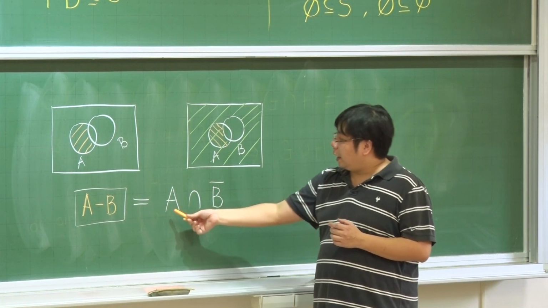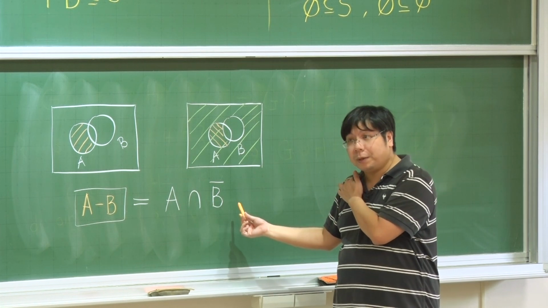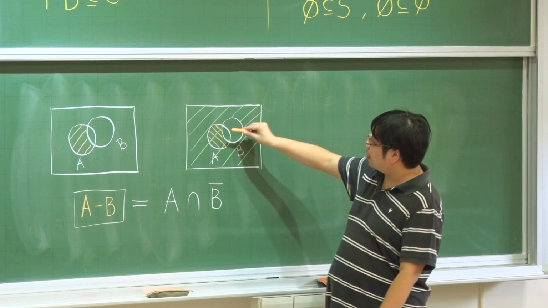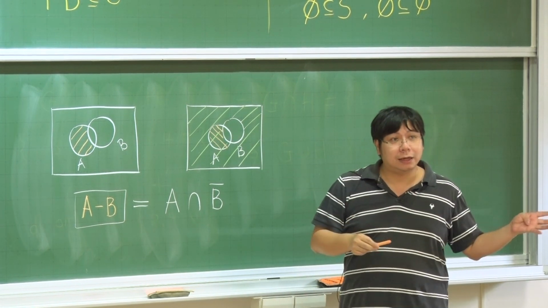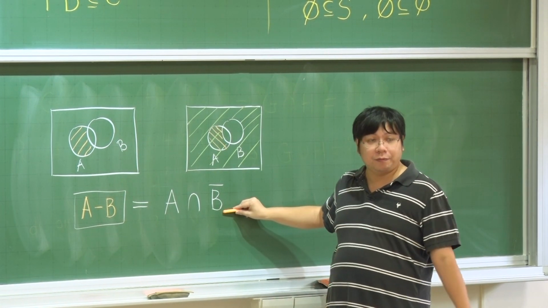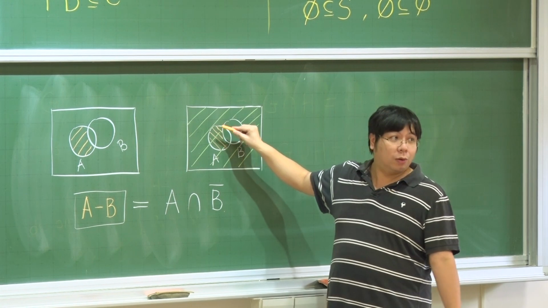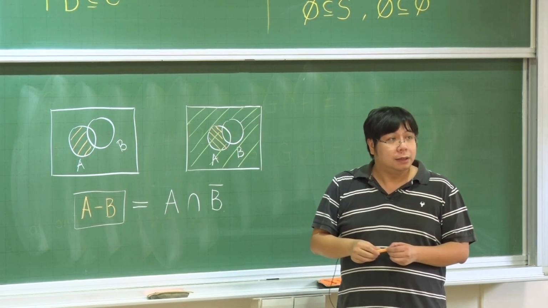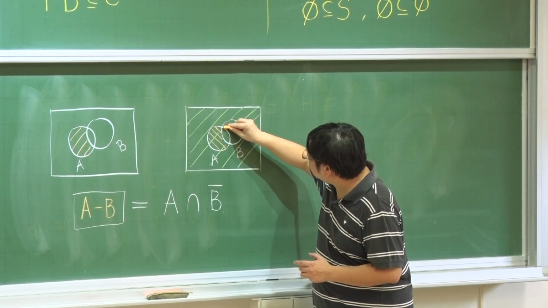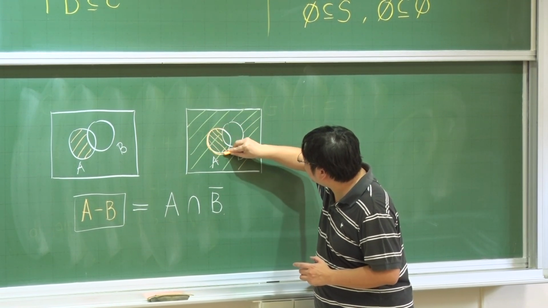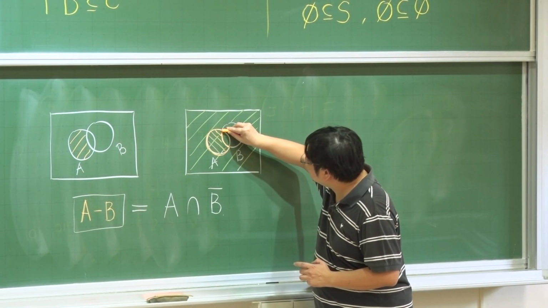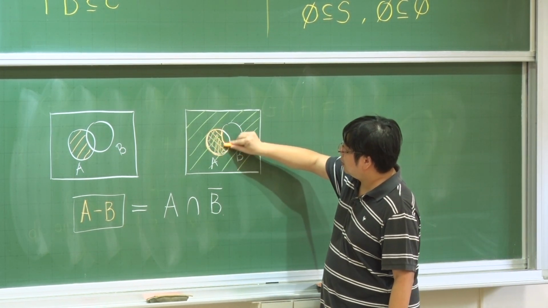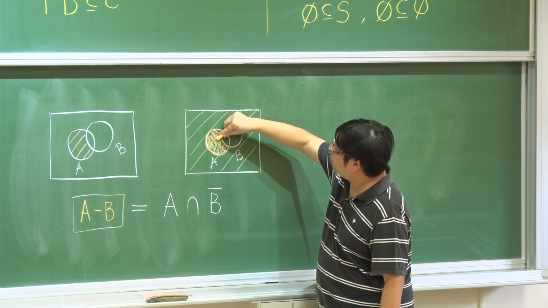And then to get A intersect complement of B, we need to find a region such that it has both colors. It has the green color because it is inside the complement of B, and it has the orange color because it is inside what? It is inside A. So in that sense, we will have this area. This is the only part that contains both colors.